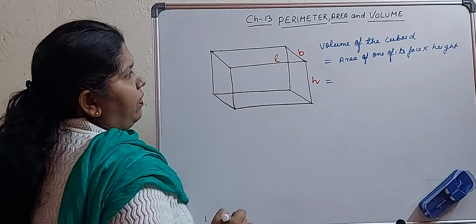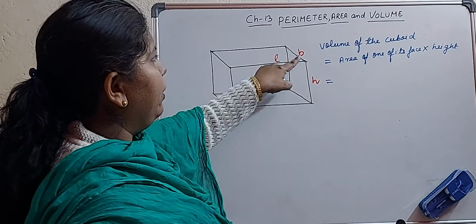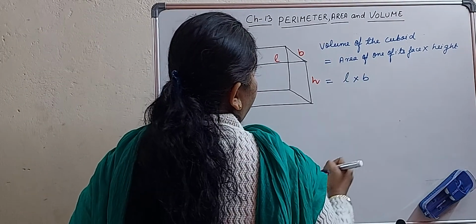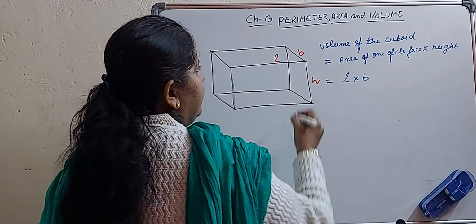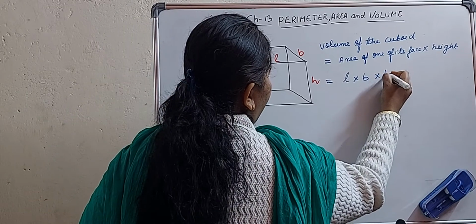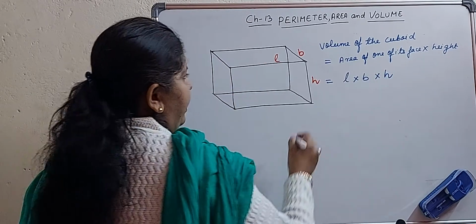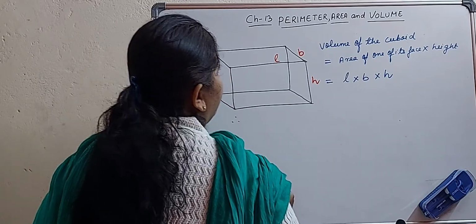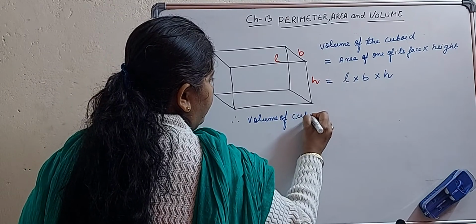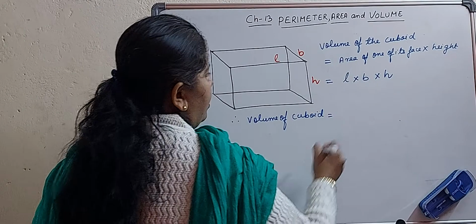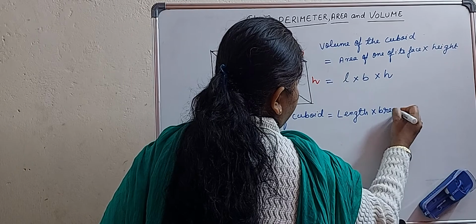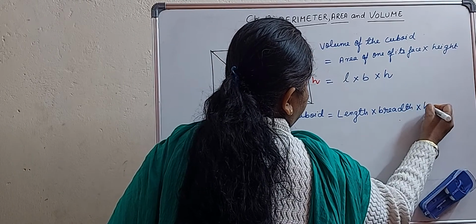The area will be L into B. And what will be the height? This is the height of the cuboid. So L into B into H. Therefore, volume of cuboid is equal to length into breadth into height.